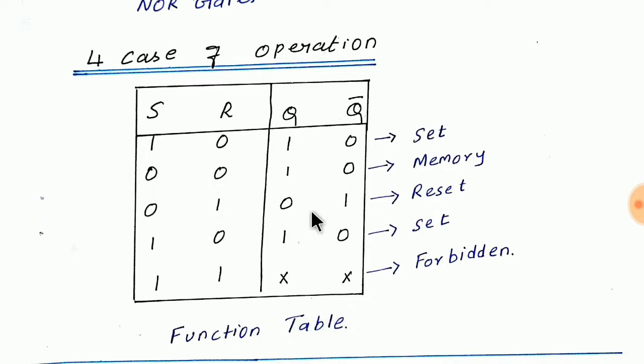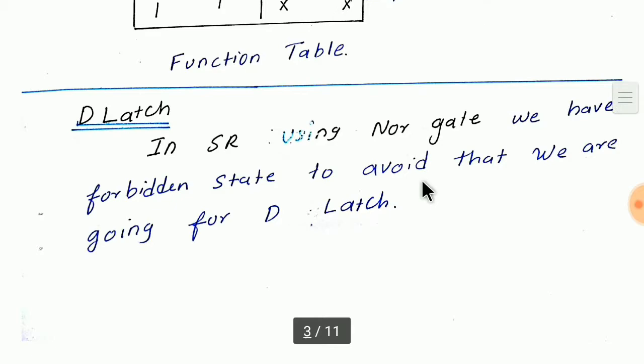When R is equal to 1, it will perform the reset. When S and R are 0, 0, it will hold the memory value. Now we are going for the D latch. The SR latch using NOR gates has a forbidden state.